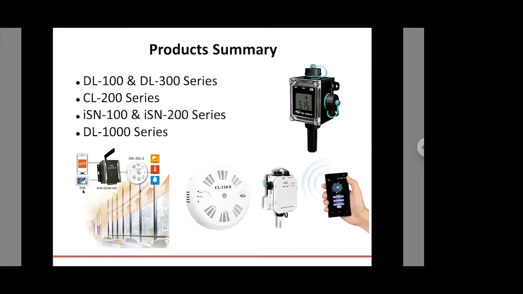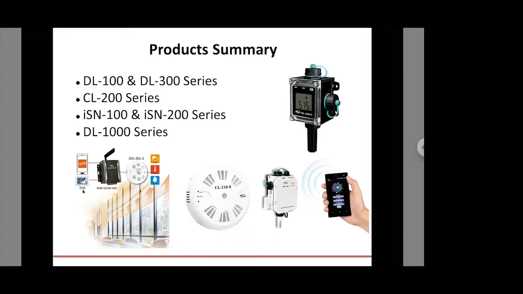The DL200 series has our air quality monitors for a parking garage, gas refinery, or any industrial application where air quality monitoring is going to be vital to customer or employee safety. A wide variety of communication methods, RS-485, Ethernet, and Wi-Fi make these very handy and easy to use modules. The ISN 100 and 200 series: the 100 is our liquid leak detection module.